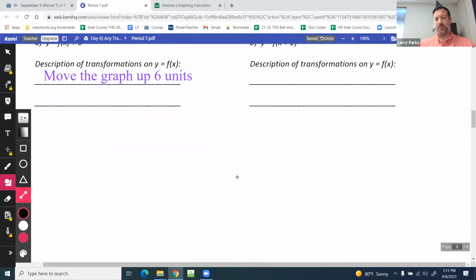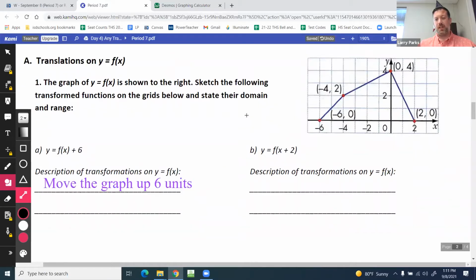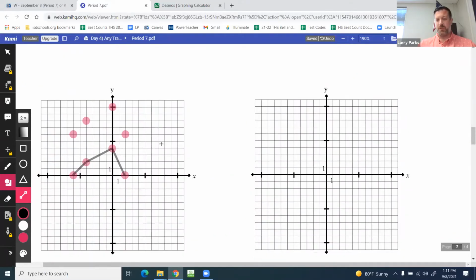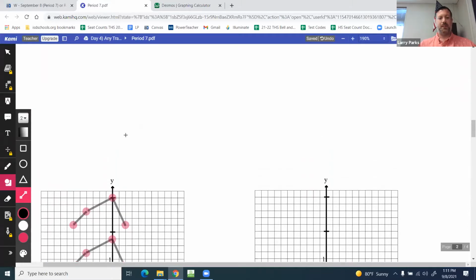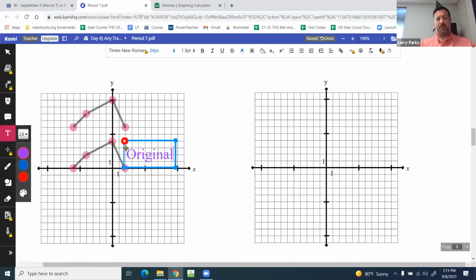Let me just go confirm. So this was my original function. And they wanted me to take the function and just move it up. So now, after you move it up 6, notice it looks the same, it just moved up. Okay, so this was the original function, and this is my transformed function.